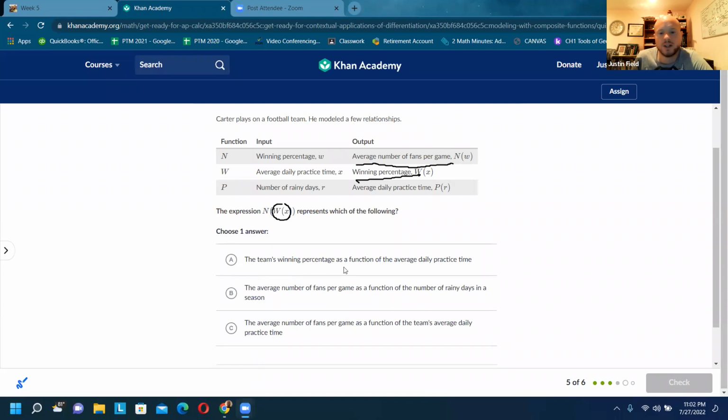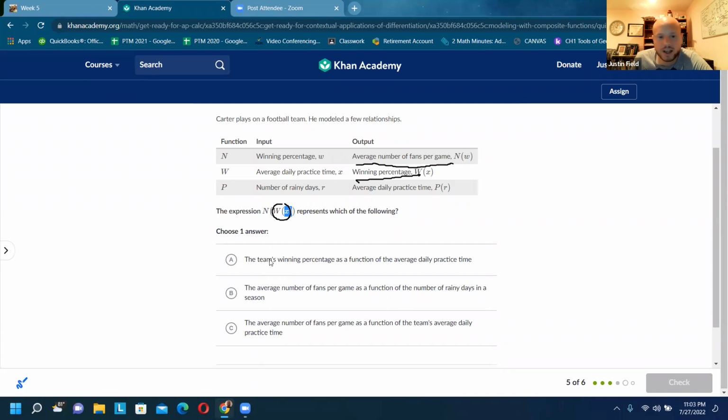And so which one tells us that? The team's winning percentage as a function of the average? No. The average number of fans per game as a function of the number of rainy days? The average number of fans per game as a function of the team's average daily practice time. Oh, average daily practice time is X. But what about the winning percentage?